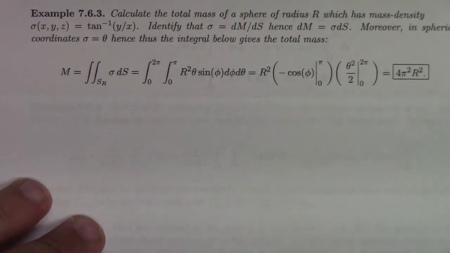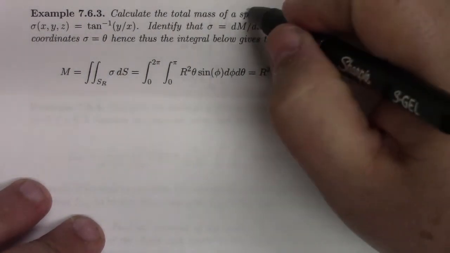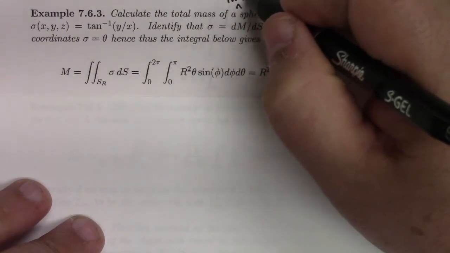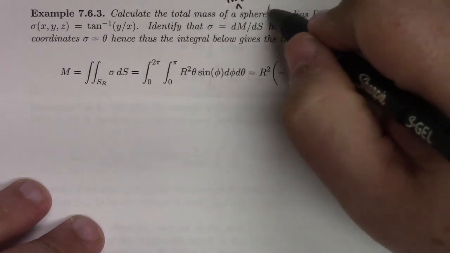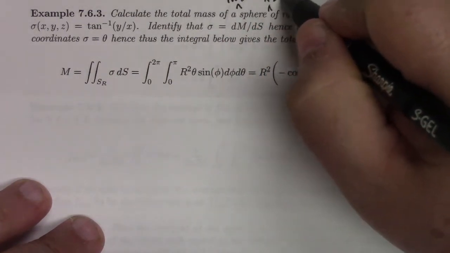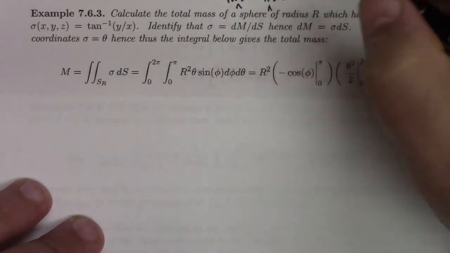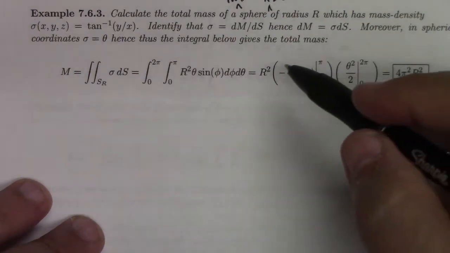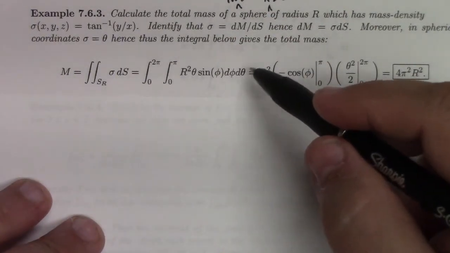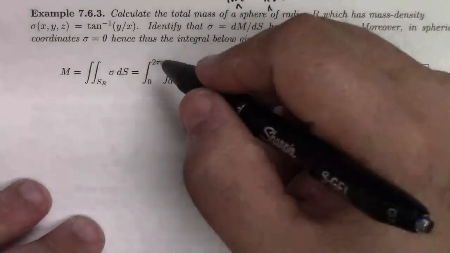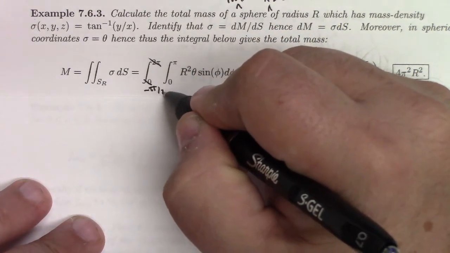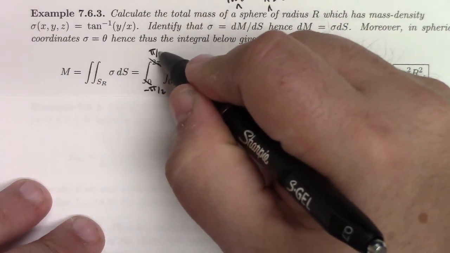The total mass of, instead of a whole sphere, let's say a half sphere, and let's force x to be positive. Once we do that, then the angle theta should not go from 0 to 2 pi, it should go from minus pi over 2 to pi over 2.